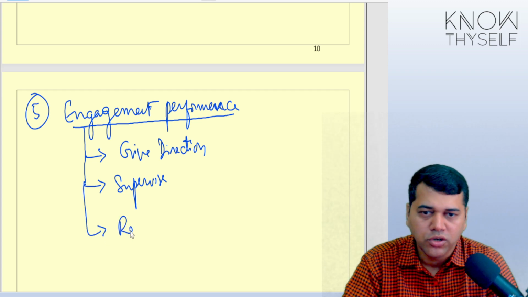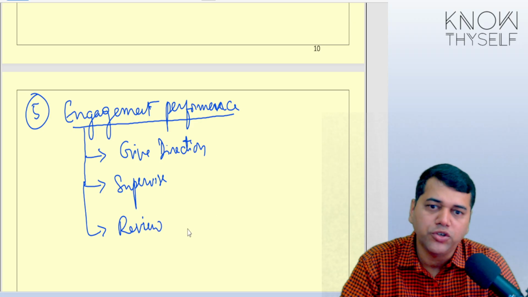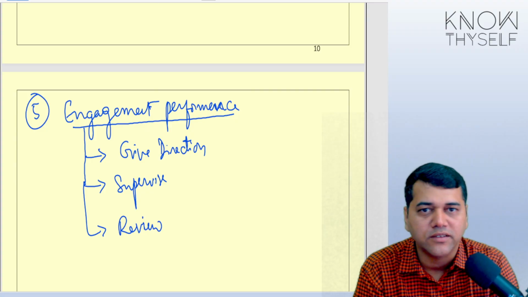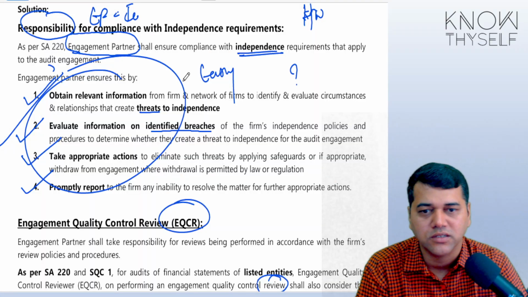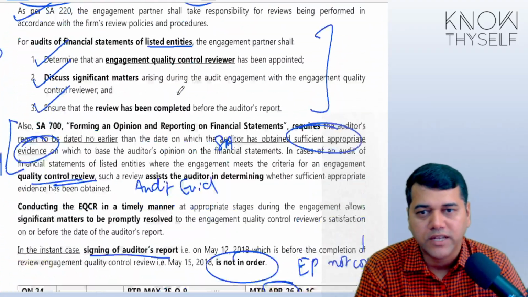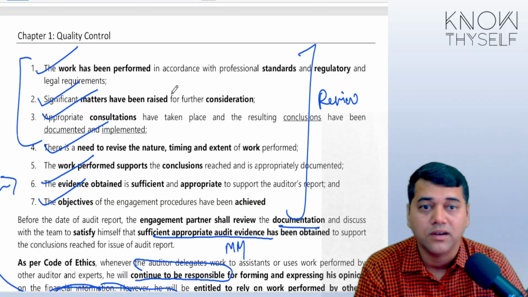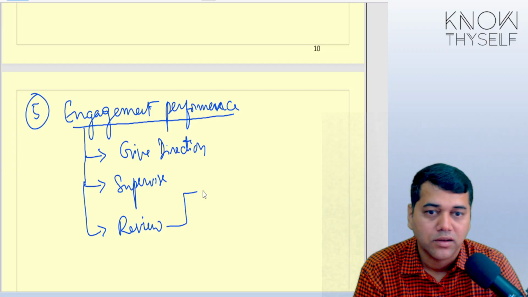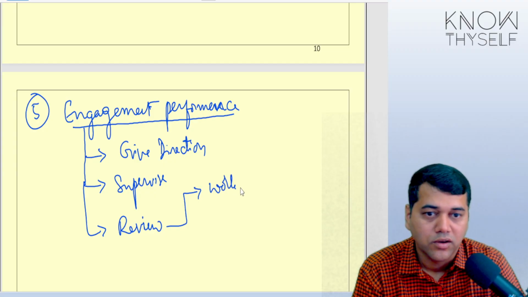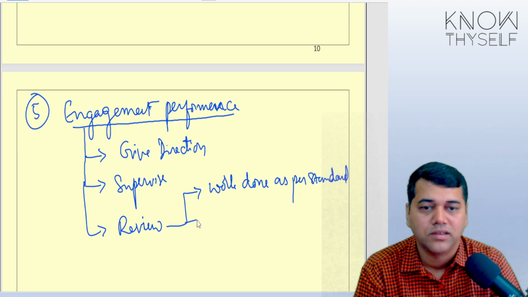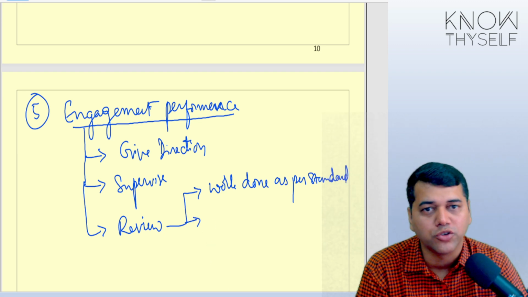Third, you do review. When it comes to review, what exactly do you need to review? In the study material, you will not find the answer, so I'll go back to my test your knowledge question. What is it that you are supposed to review? In test your knowledge 10, they have given this point: work done as per standard. Then what are the things you are supposed to review?